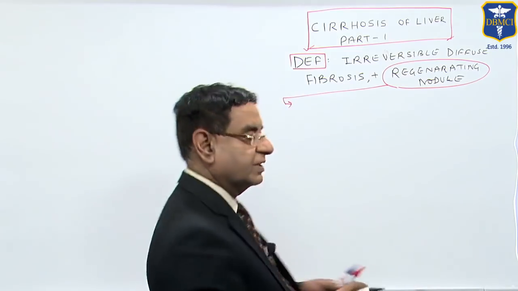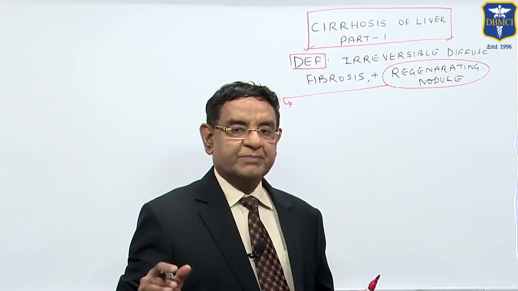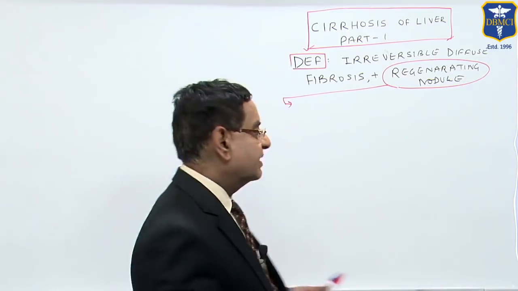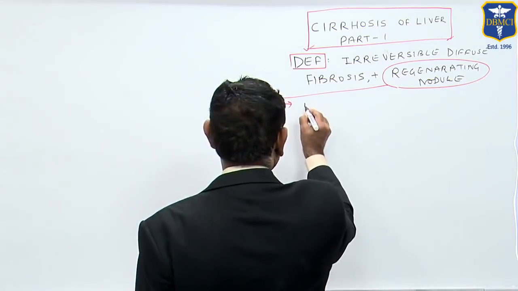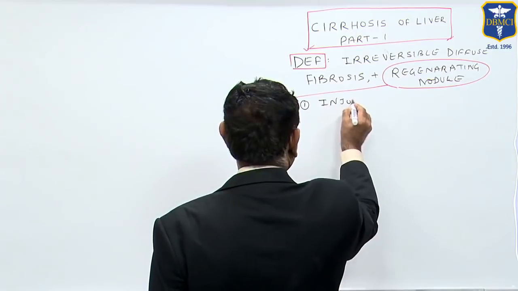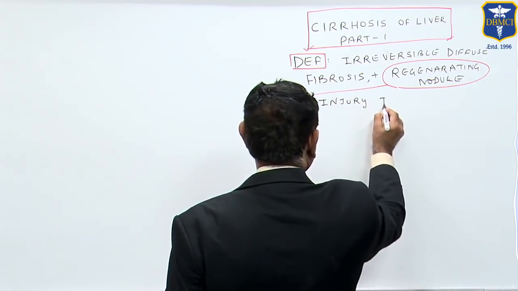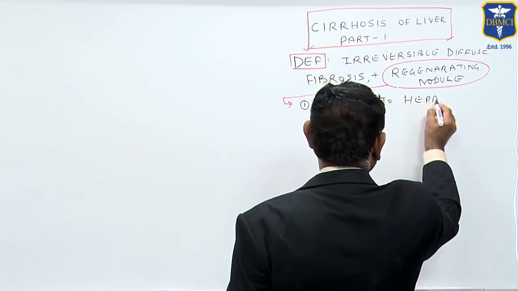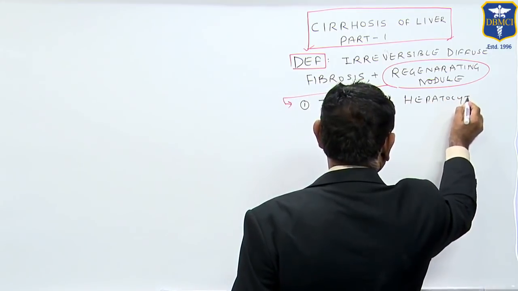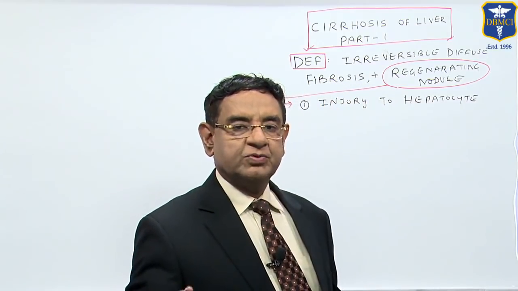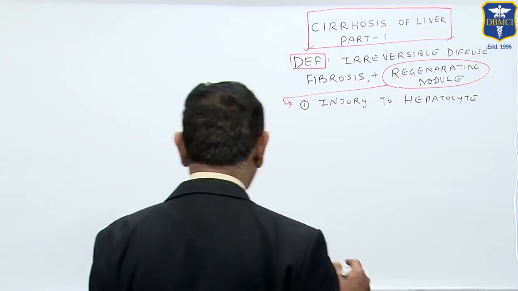First of all, when nodules are being made, it simply indicates that there is a lot of injury to hepatocytes. It itself is an indicator, and that is the thing which is prompting other cells to regenerate.